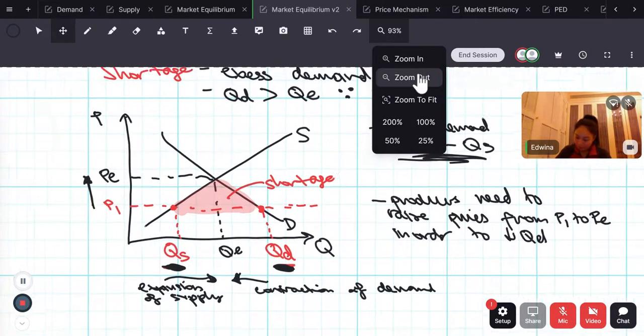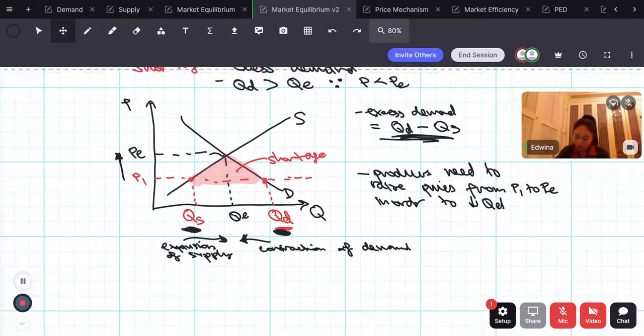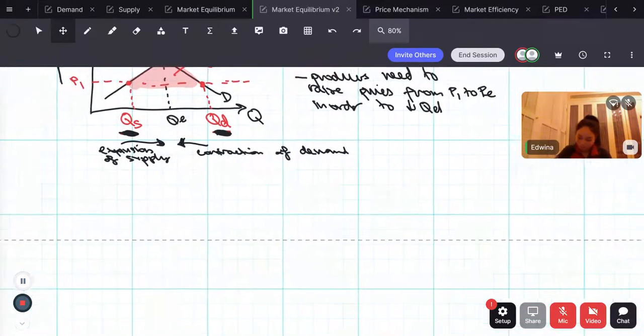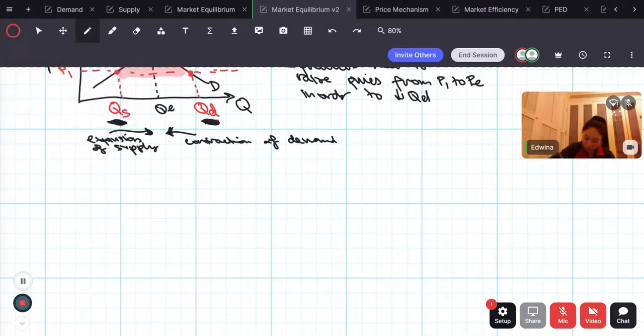Now, we can also move on to a similar idea regarding surplus, as in excess supply. So let's talk about surpluses, which is basically the opposite of a shortage. And so it is excess supply.